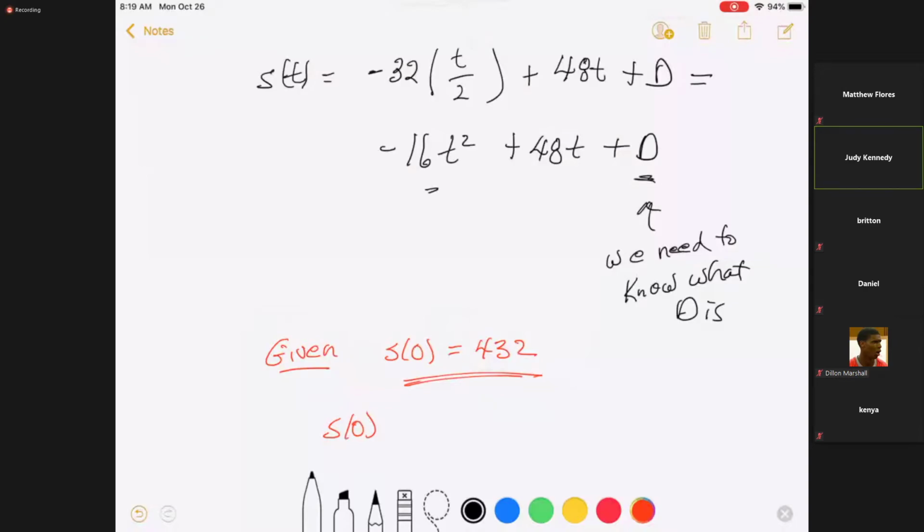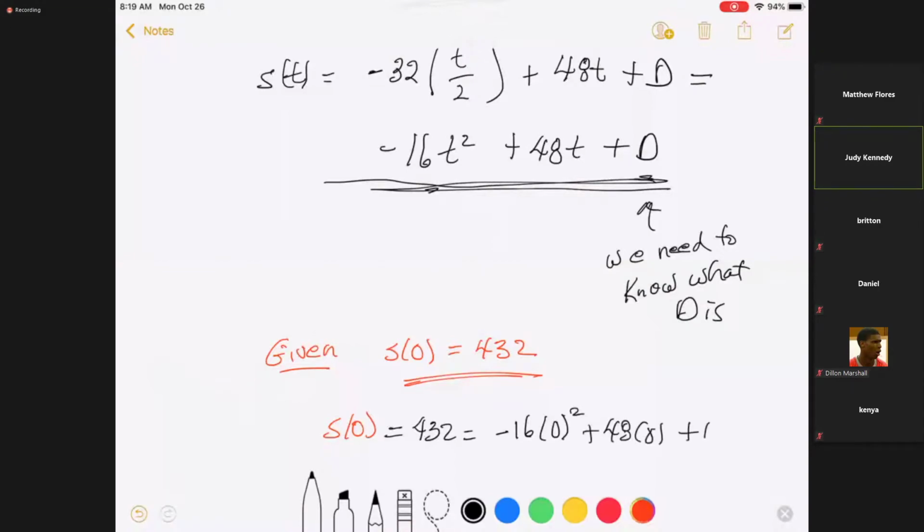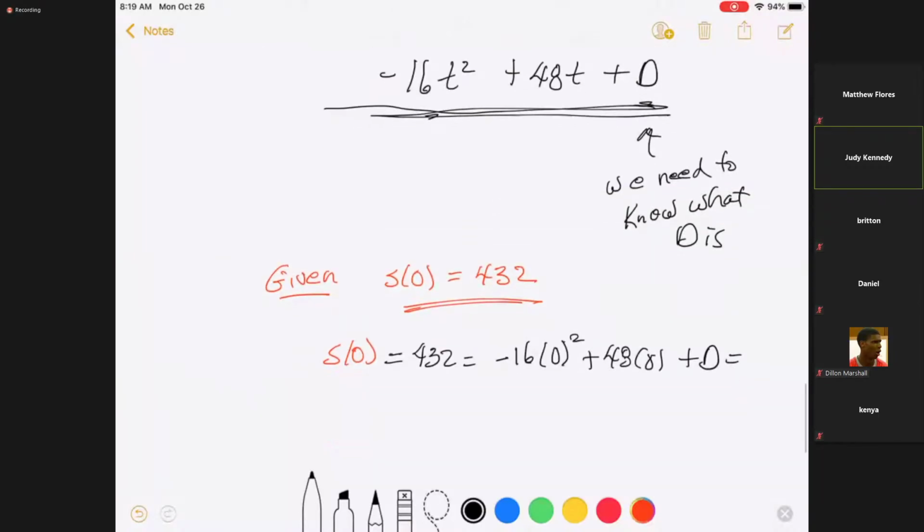Okay, S at time 0 is 432. But I can also get it from what I've got here for my antiderivative. It's also minus 16 times 0 squared plus 48 times 0 plus d. Those are zeros, so this is just equal to d.